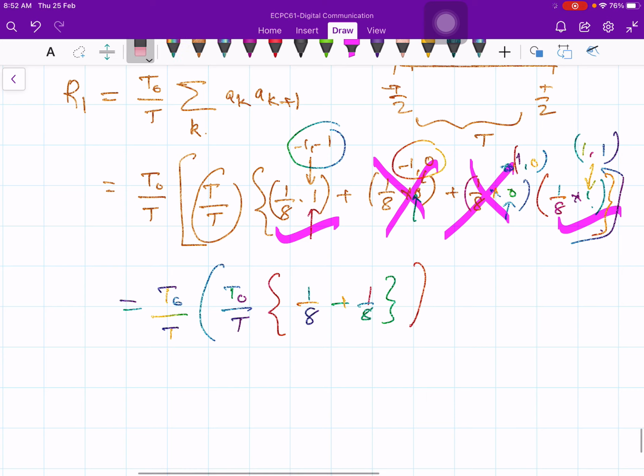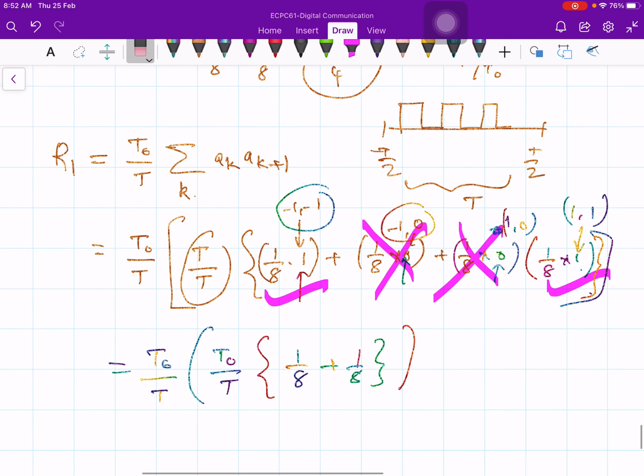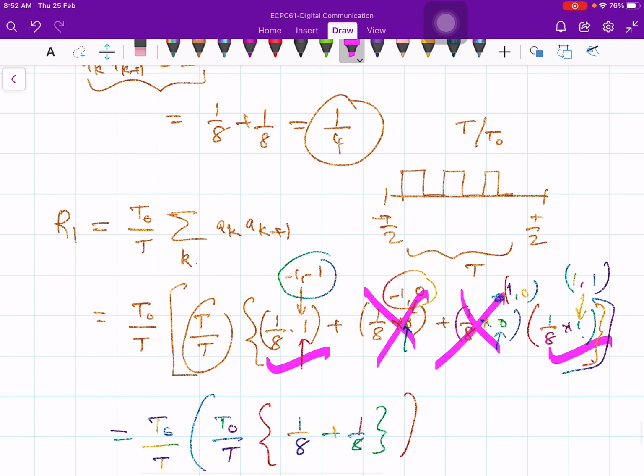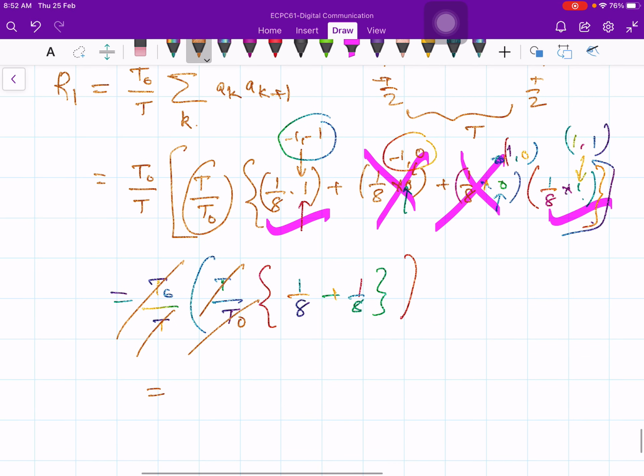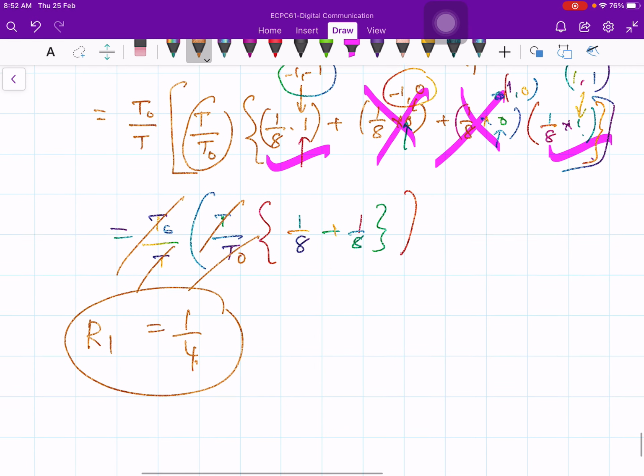This is T by T naught. See, this one. Okay, and this will get cancelled, so it is 1 by 4. R1 is equal to 1 by 4.